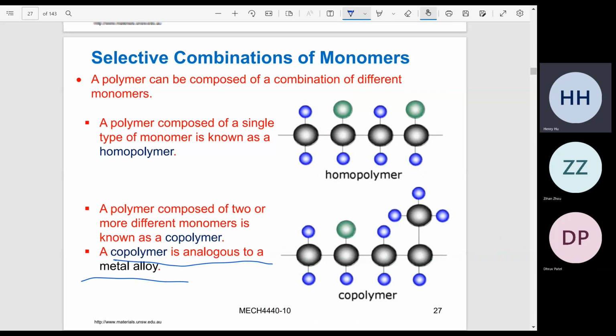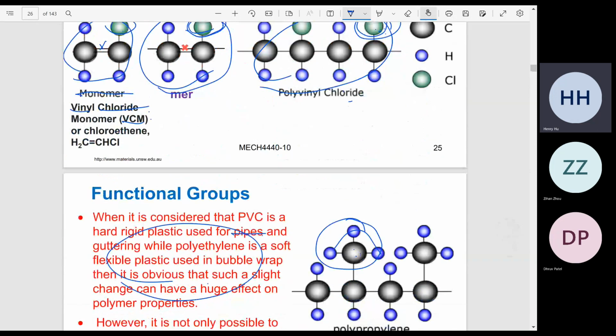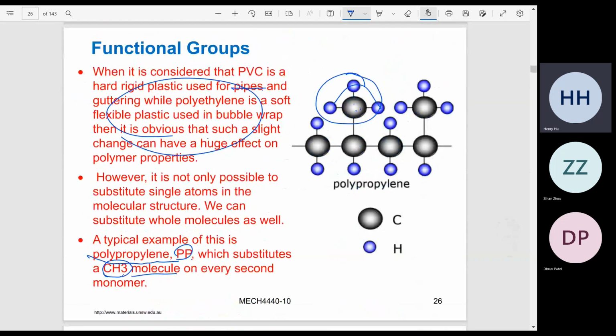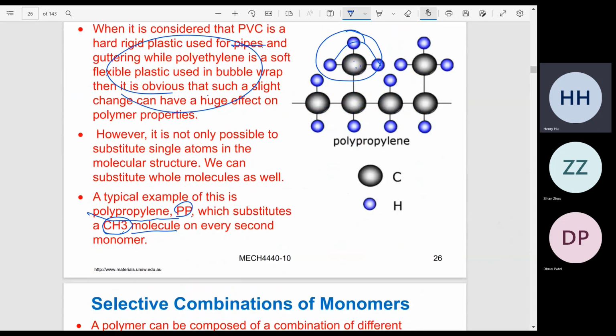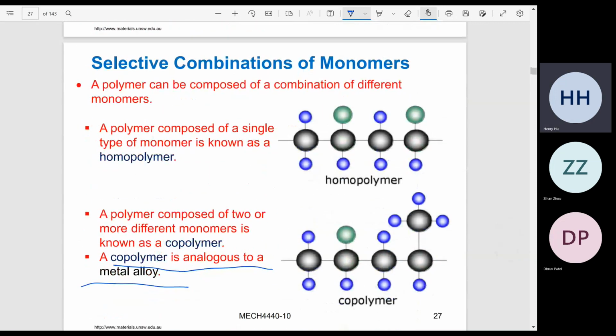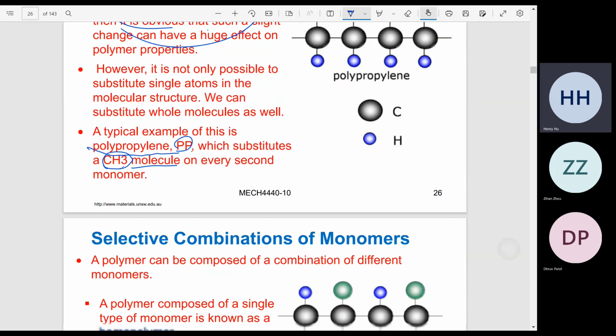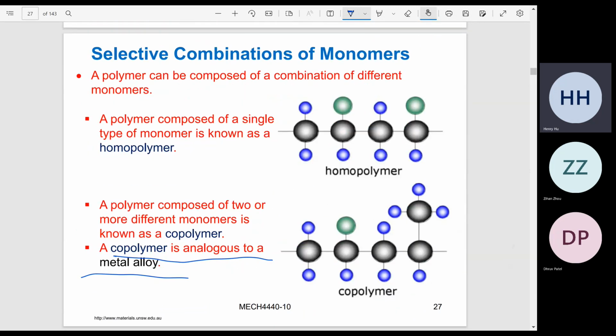So, as I just mentioned, if the hydrogen is replaced by chlorine, and the hydrogen is replaced by this carbon 3 hydrogen structure, is there any way we can mix them together? So you generate something like polyvinyl chloride and polypropylene together, okay. Yes, you can do it, okay.